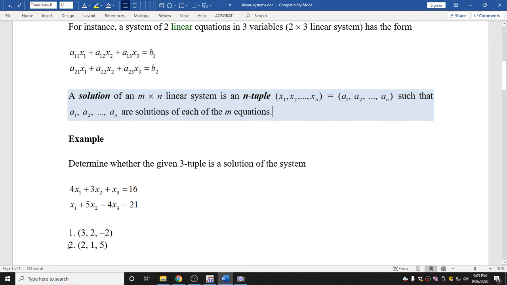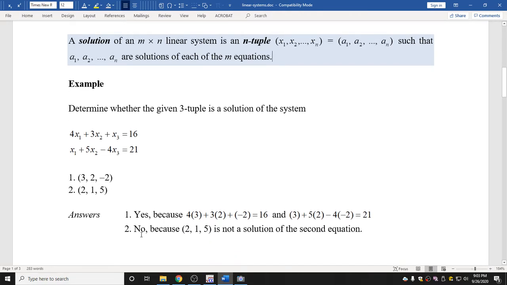Now, in our second one, we have 2, 1, 5. In that case, the answer is no. So the first one answers yes because the given 3-tuple, 3, 2, negative 2, was a solution of both equations.